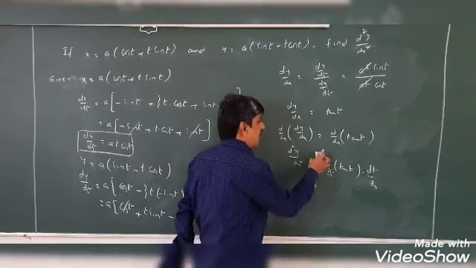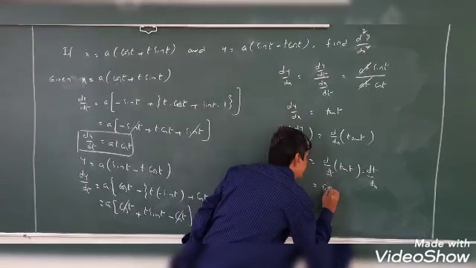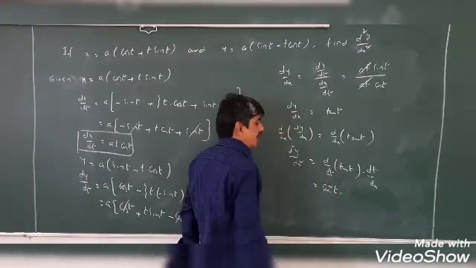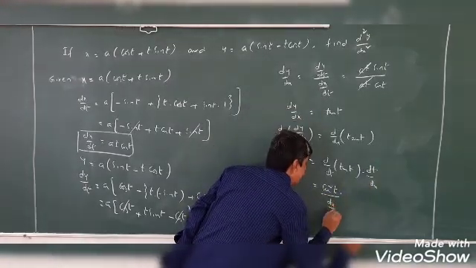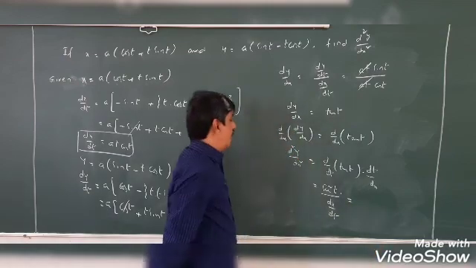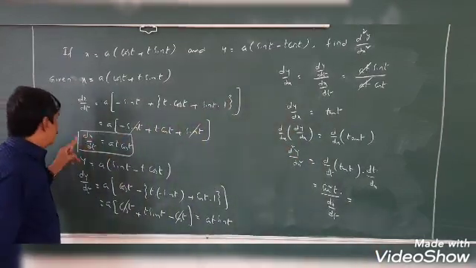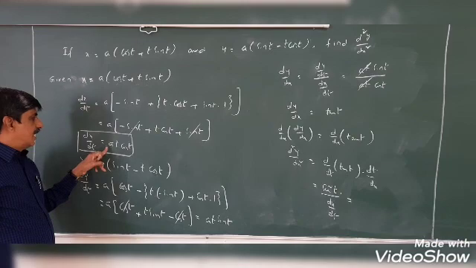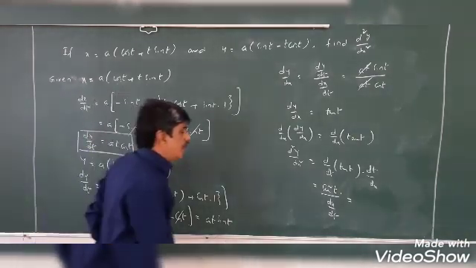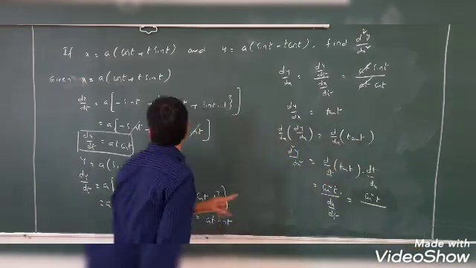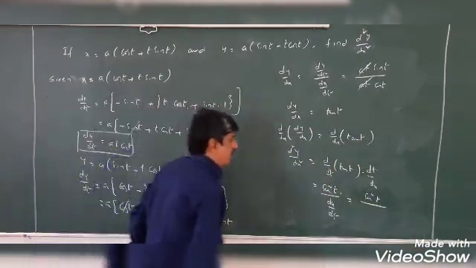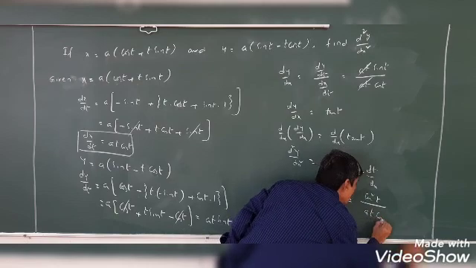So d by dt of tan t is secant square t. This into dt by dx, I am writing as 1 by dx by dt. We know that dx by dt in terms of t is a t cos t. So this is nothing but secant square t by a t cos t.